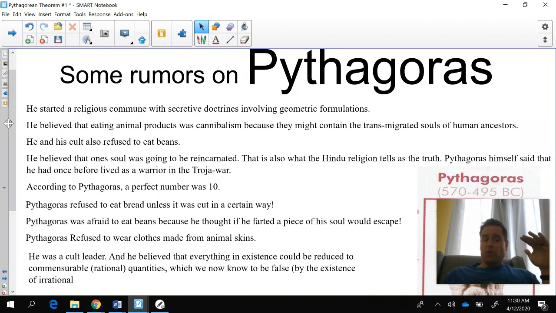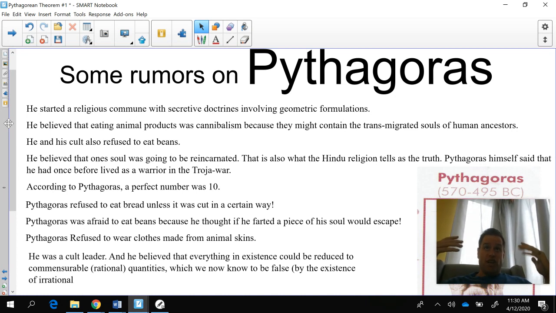Number one, he had like a religious commune that had secretive doctrines that involved geometric formulations. He actually believed that numbers could explain all things in the universe. Pretty crazy. He believed in reincarnation. He believed the number 10 was the perfect number. There are rumors that he refused to eat beans, just kind of weird.